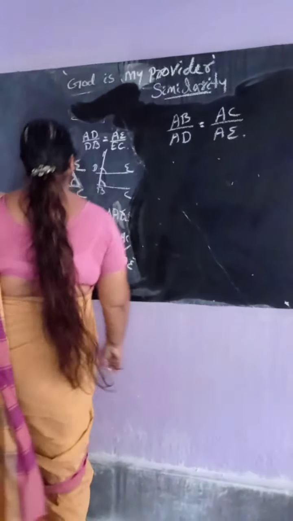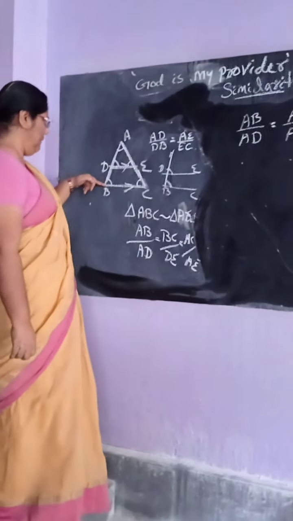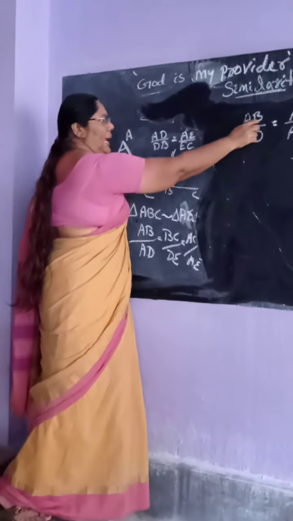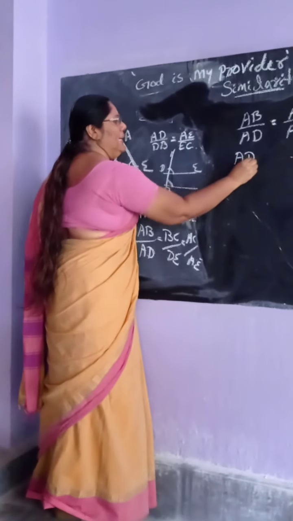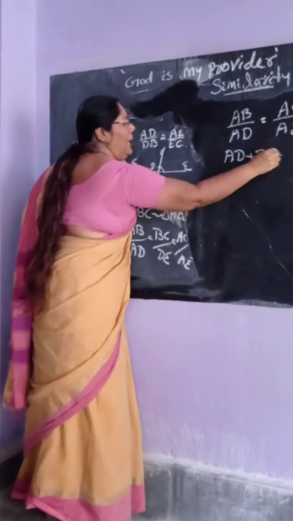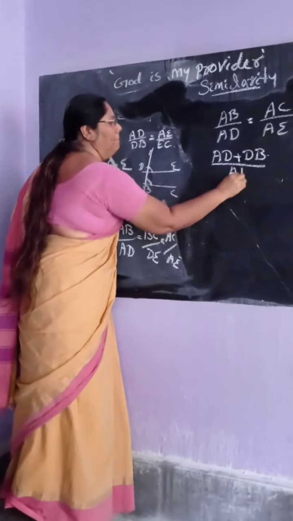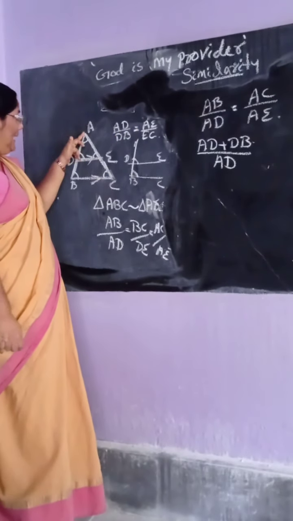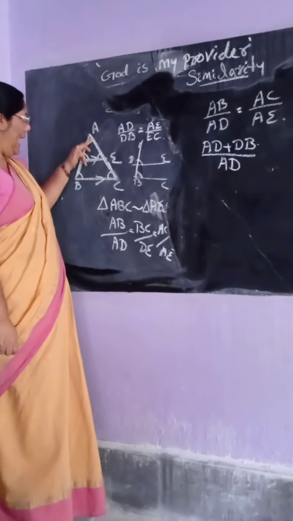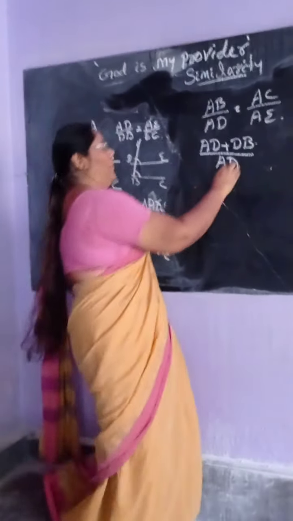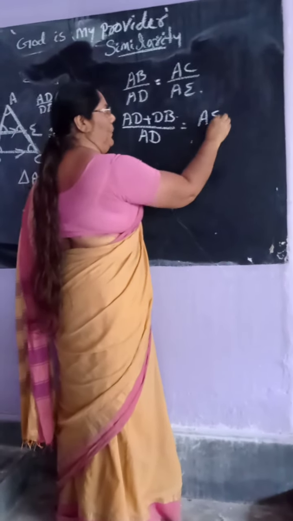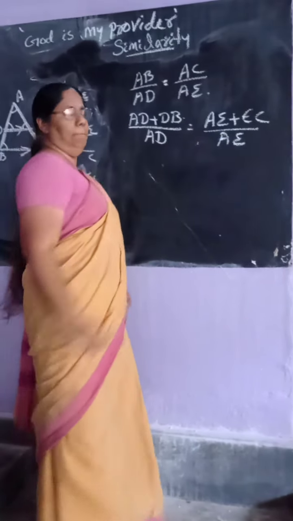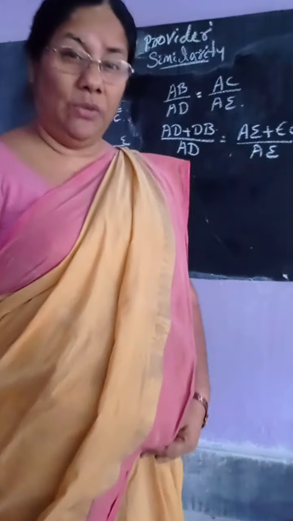Now all of you look here. That AB we can write as AD plus DB, the whole by AD. Agree? The second side, the RHS, AC we can write as AE plus EC, by AE. Understand? What is the step we used here?